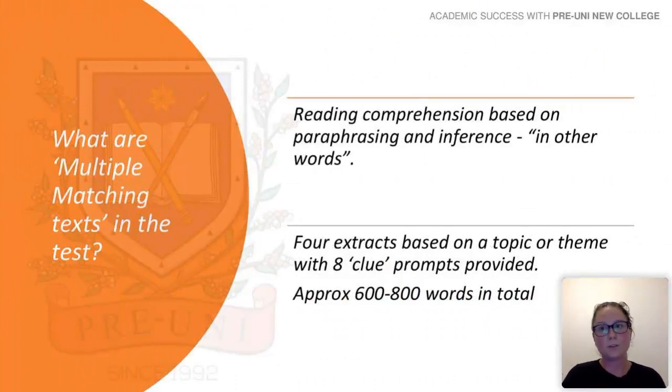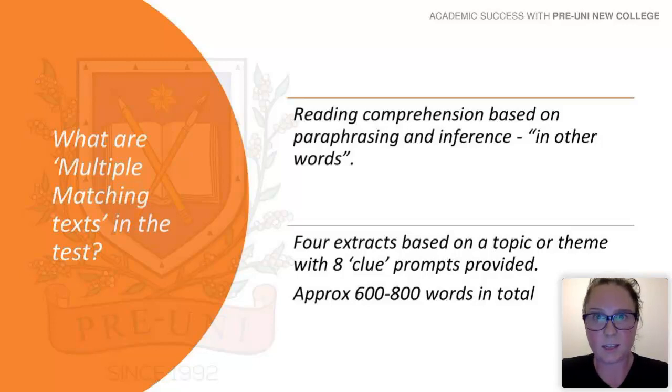Okay, so I'll just move through to the second new type of reading comprehension test in the OC. Again, this is reflected in the selective high school test as well. So it's a similar style that you can become familiar with.